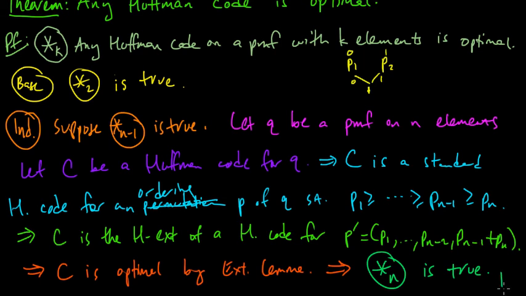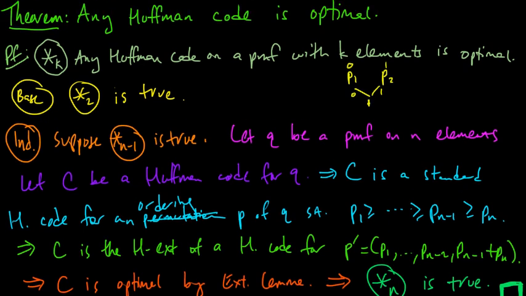And that does it. That's our proof by induction. So we have proved that Huffman coding is optimal. That deserves a big QED. All right, so this is our proof of the main theorem that any Huffman code is optimal.